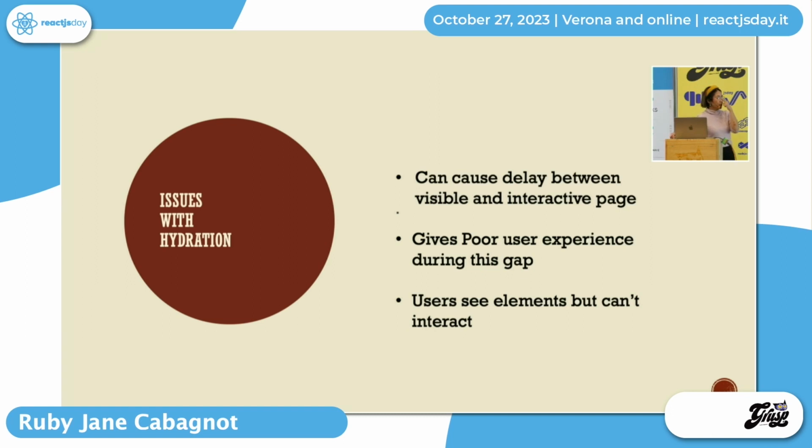So, issues with hydration. The fundamental problem, like I said, is that it can cause a delay between a visible and an interactive page. This leads to a poor user experience during this gap, because users can see the elements, but they cannot interact with your application yet.